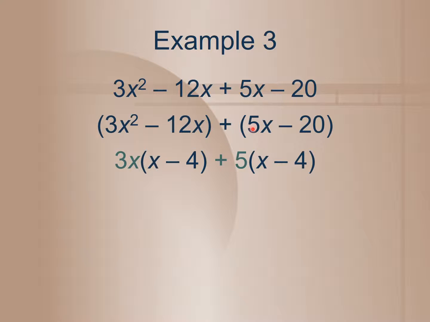And in this grouping, I can factor out a 5, which leaves me 5 times x minus 4. Notice that I have x minus 4 as a common binomial. So I factor out x minus 4, and I'm left with 3x plus 5.